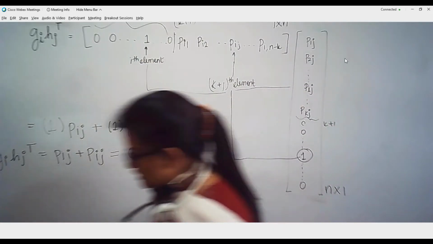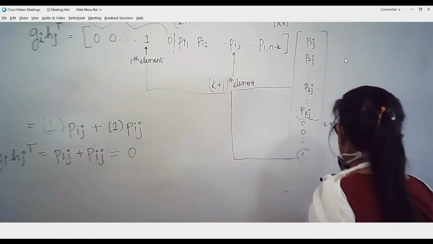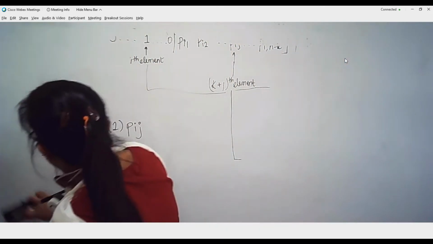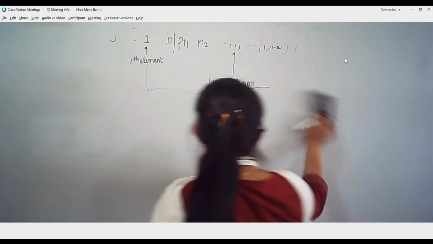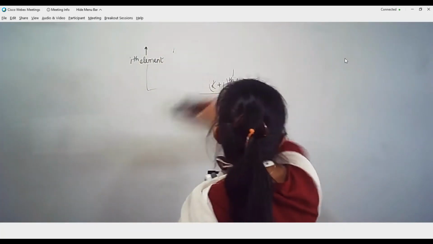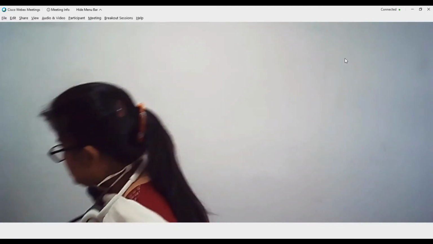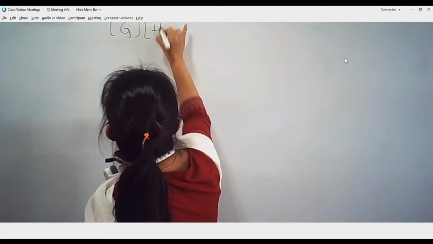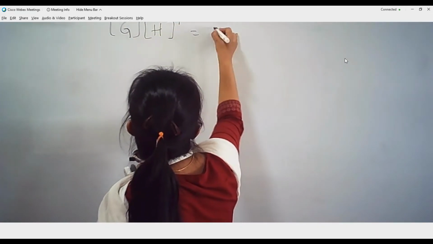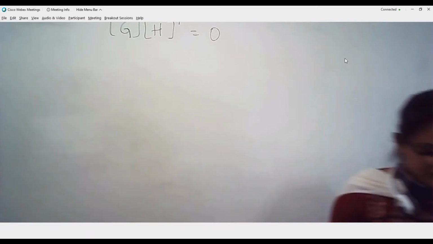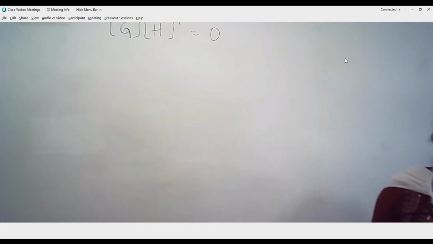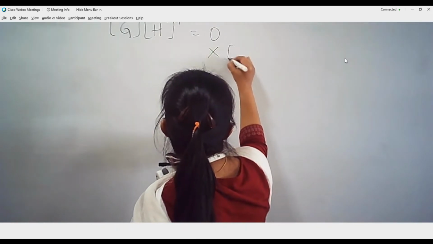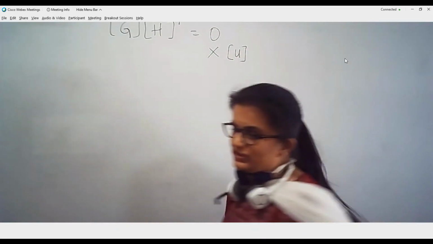In general, I have taken a particular case of one of the rows of G and H. Now, if I consider the entire matrices themselves, that is the matrix G multiplied by the transpose of the parity check matrix, we always get a 0. We will always get a 0. Now what I will do is multiply on both sides by the vector u, the message vector u.